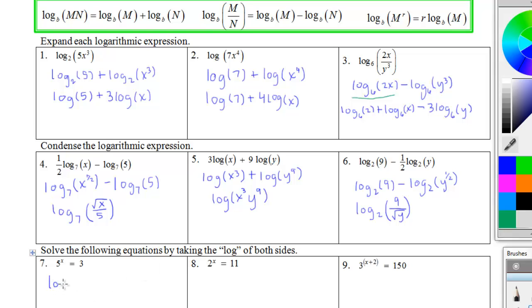This is not the only way to solve this problem, it's just the way that you're being asked to solve this problem right now. So if you take the log of 5 to the x, and the log of 3, and notice the use of parentheses here. I think that is a very important step there.